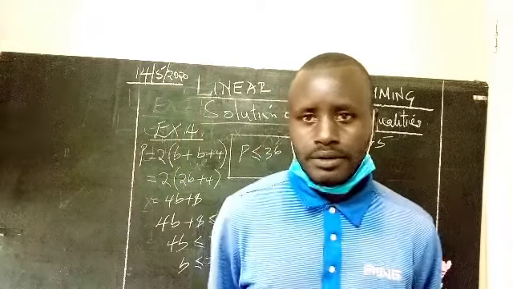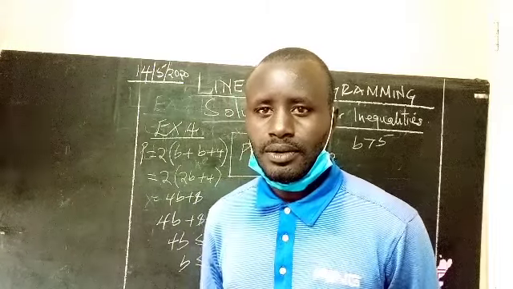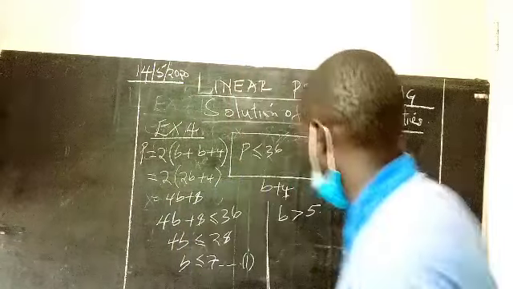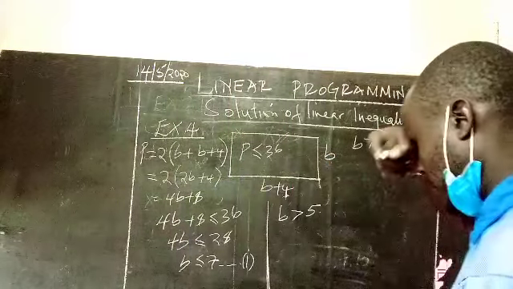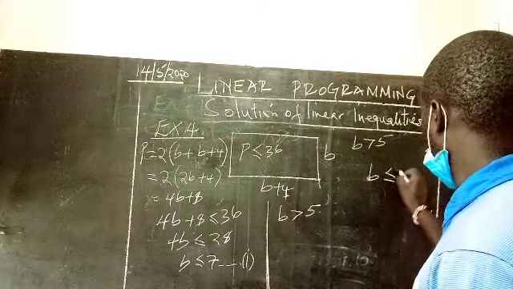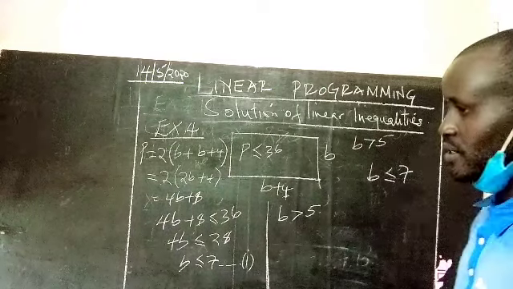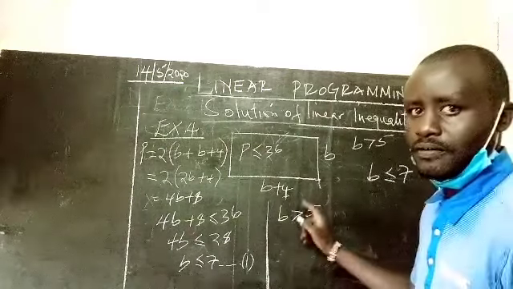What is your range of values from that point? So we are going to say b is less than or equal to 7, but also b is greater than 5.